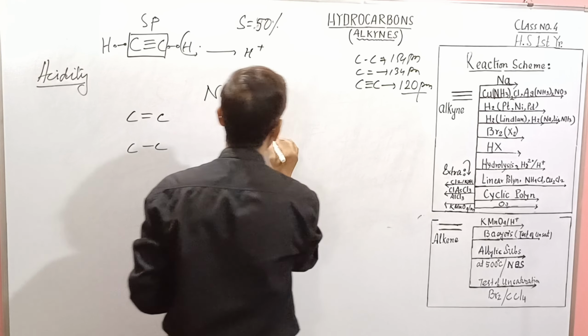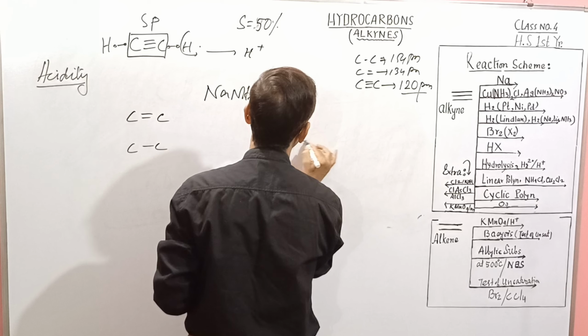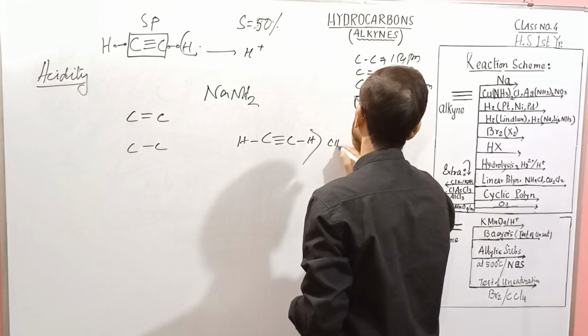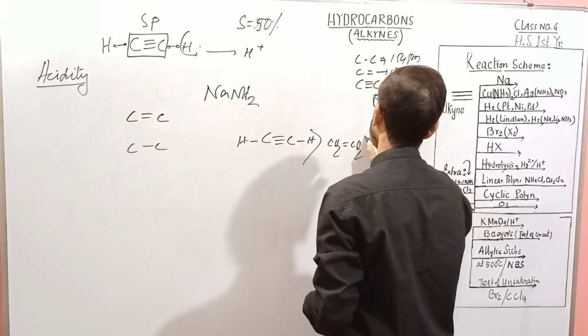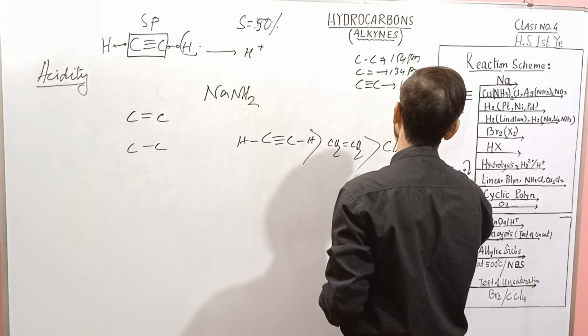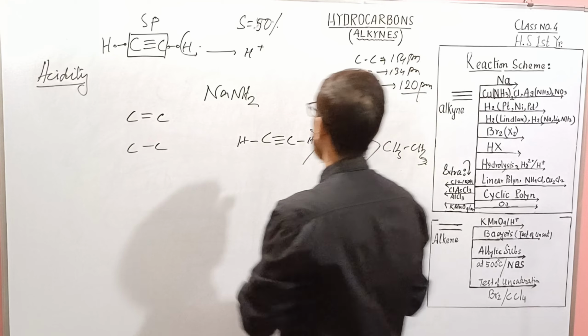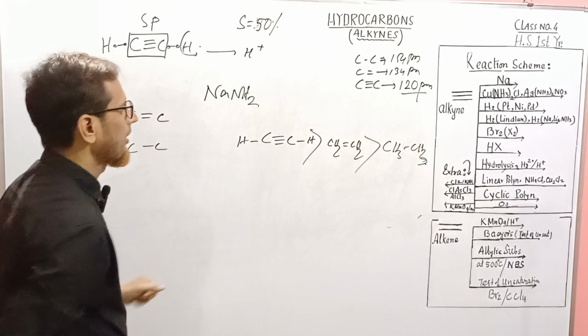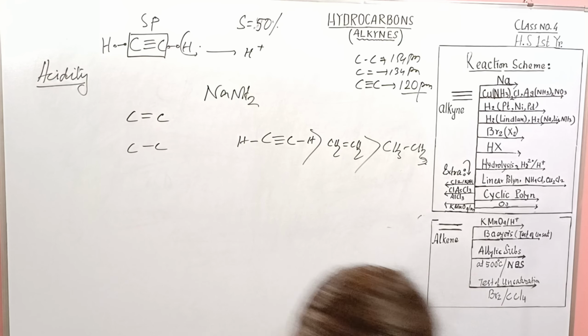So what is the order of acidity? The order of acidity is acetylene is more acidic than ethene, then ethane. This is the order of acidity due to the reason I have explained.